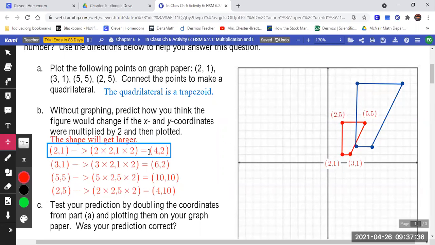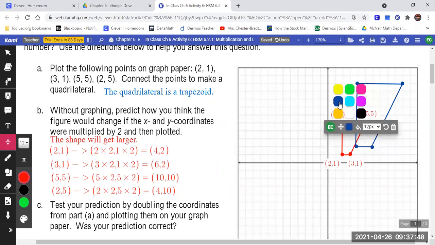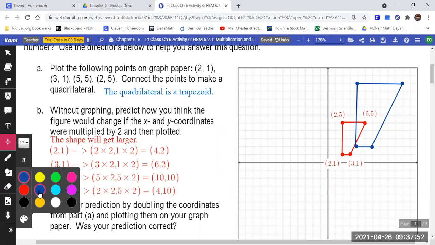Okay, there's my first ones. Now I got to go put my other ones. And I am changing over my color to blue at this point so that I can differentiate.